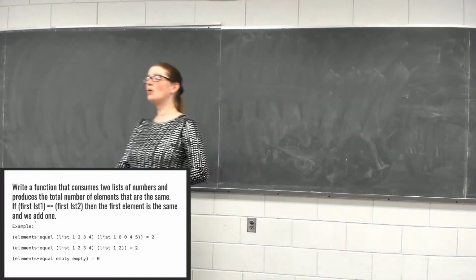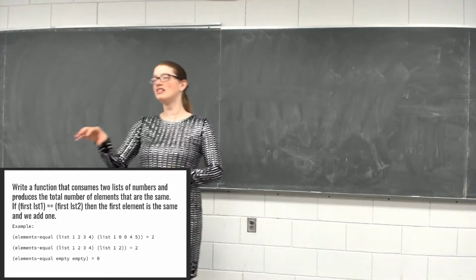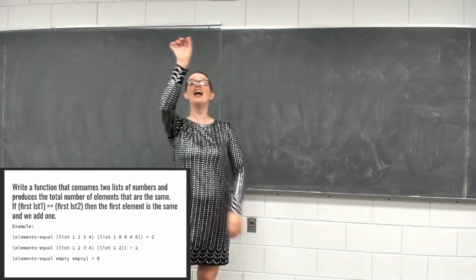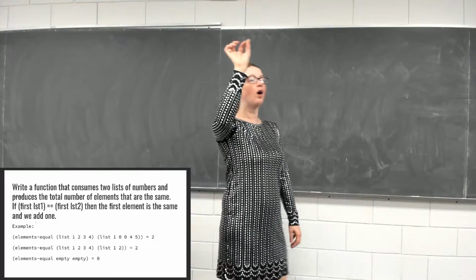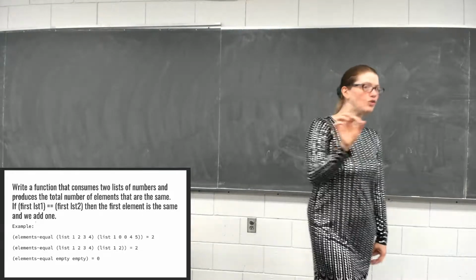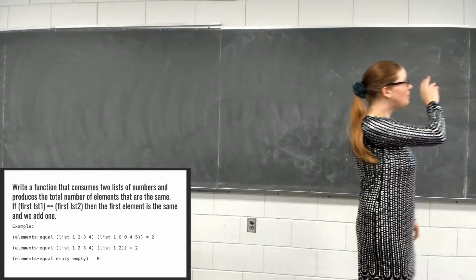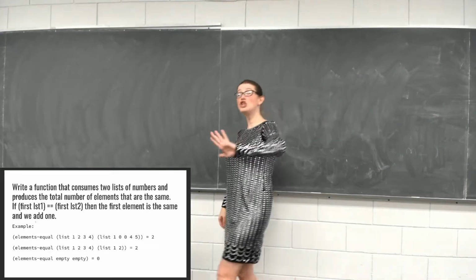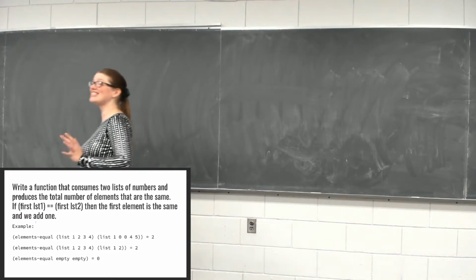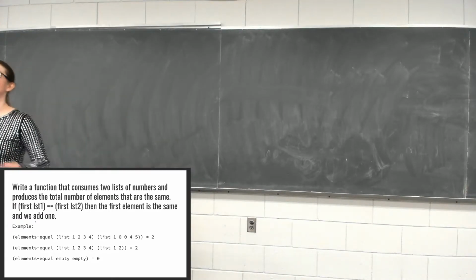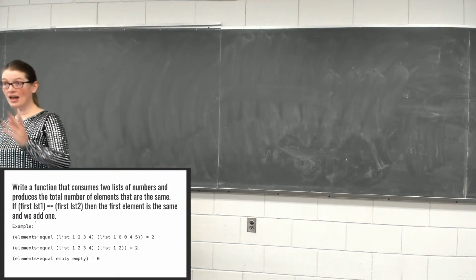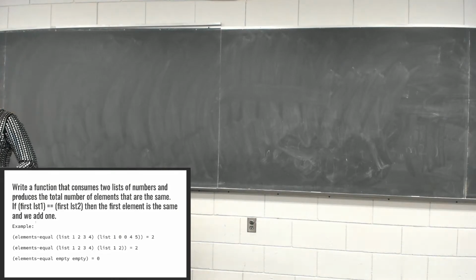When we say equal, we're not saying list 1 also contains the number 1. We're saying element 2 of list 1 is equal to element 2 of list 2. So it's in place equals. Take a few minutes and see if you can do this. Note that there's no requirement that the two lists actually have the same length. See if you can do it, and then we can look at a possible solution.